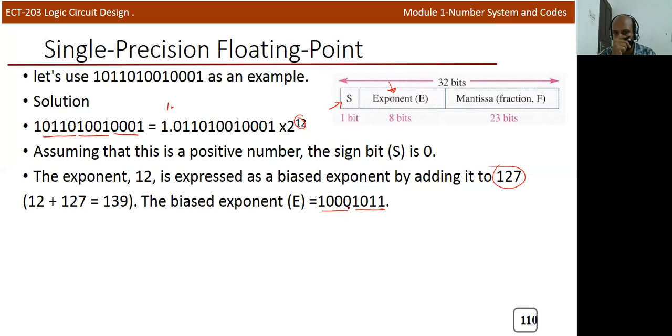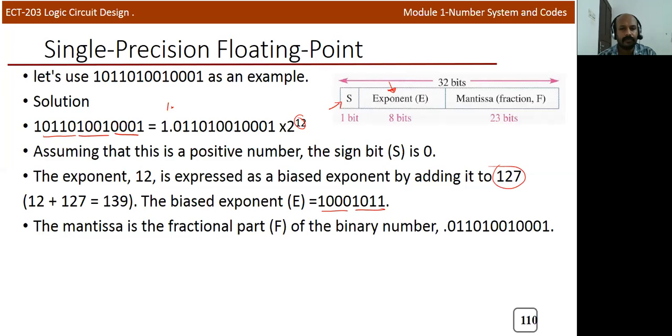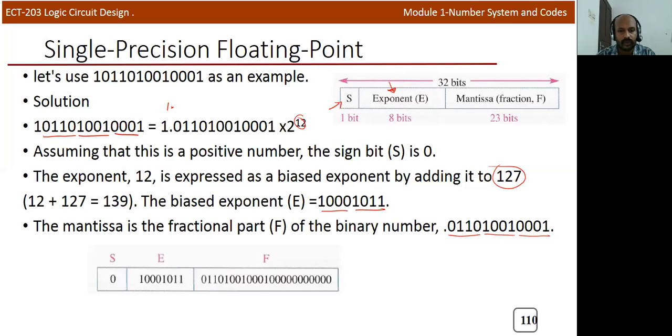The mantissa or fractional part of the binary number is written here, which is actually 12 bits, but we need to represent it in 23 bits, so we add some zeros at the end. So the given value is represented in 23 bits. This is the final result, where the given binary number is represented as a single precision floating point number.